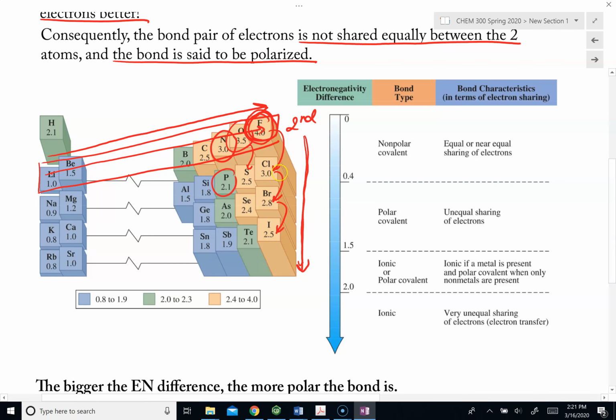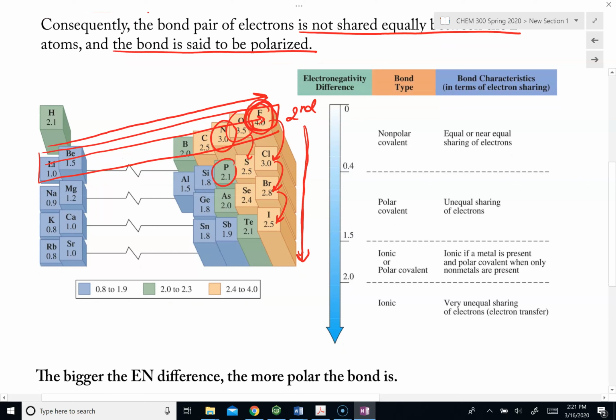The elements on the bottom are bigger, and because they're bigger, the bonding electron would be further away from its nucleus. So it will not be able to attract those electrons as well, and thus has a low electronegativity value.